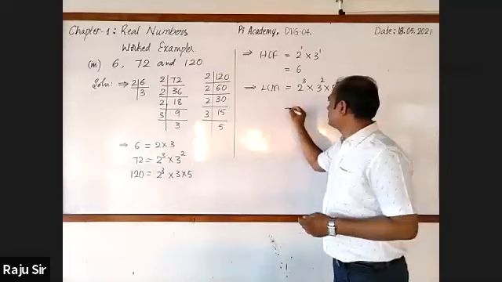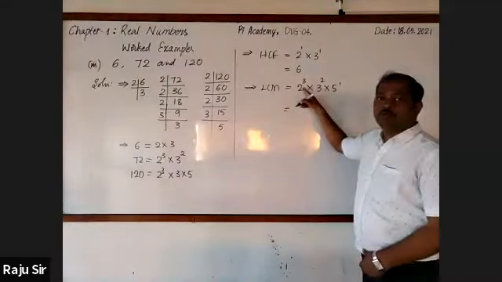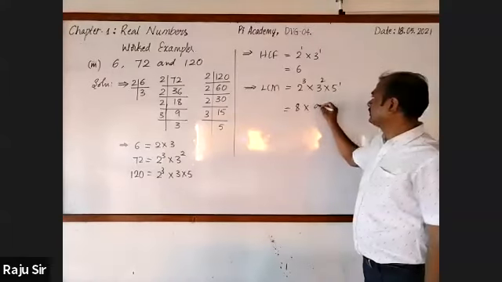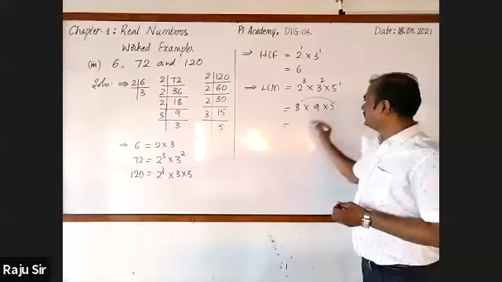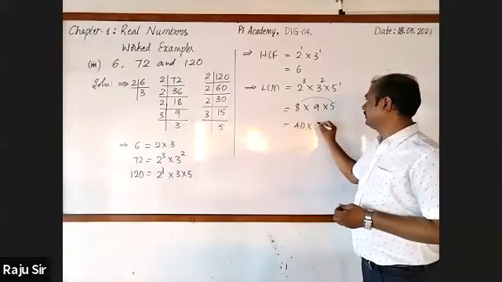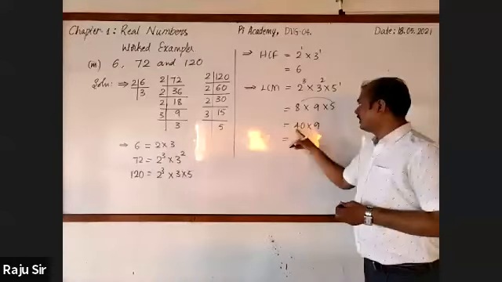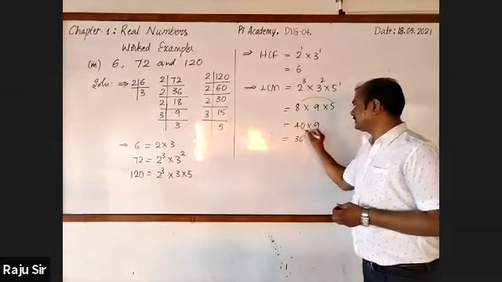Now this is equal to 2 cube is 8, 3 square is 9, and 5 raised to the power 1 is 5. I'll multiply this, it will be easier. 8 fives are 40. Then into 9: 9 fours are 36, then 0. So 360.